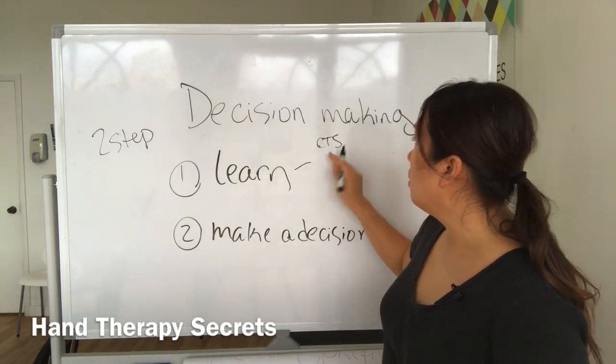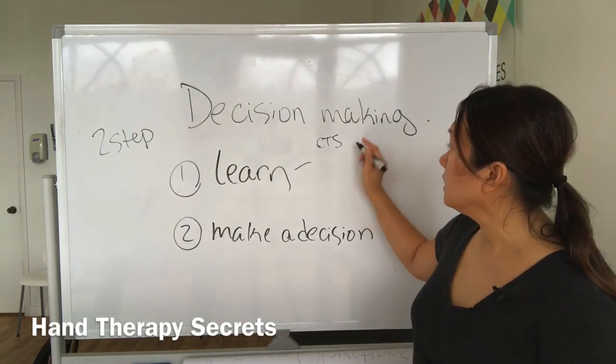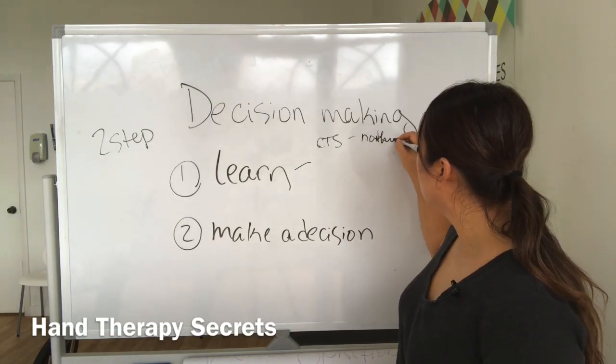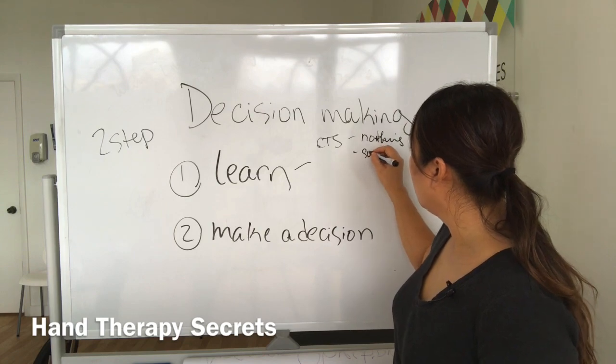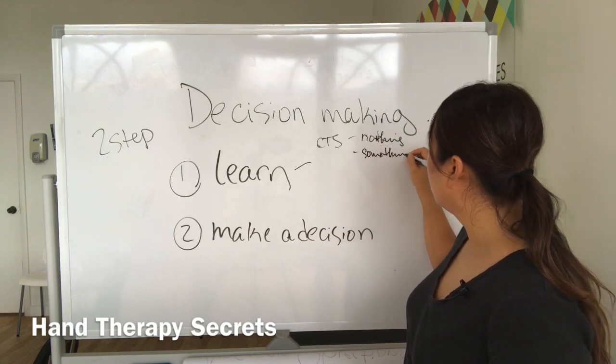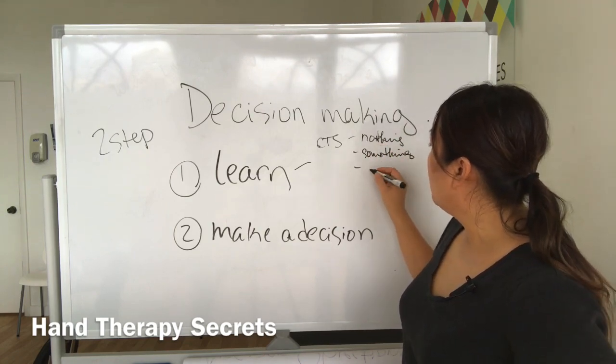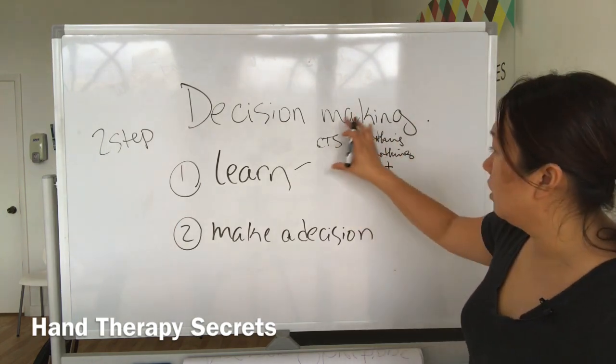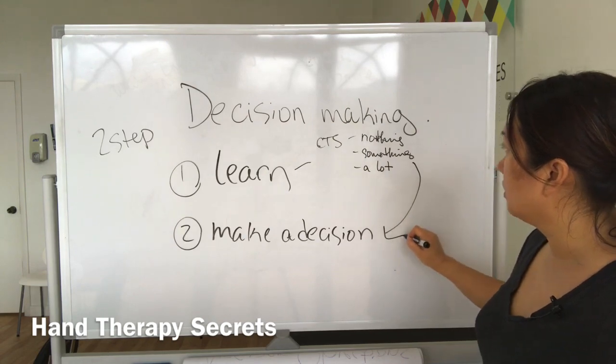What do you know about carpal tunnel? You may know nothing. You may know something. And you may know a lot. From that knowledge, you're going to apply it and make a decision, right?